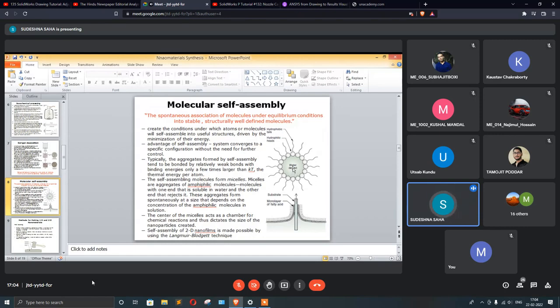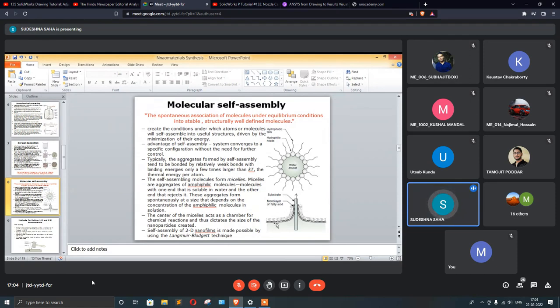Solution thermodynamics does play a great role in this particular case, but we are not going into the details of all these things. This is one example of self-assembled nanomaterial preparation.